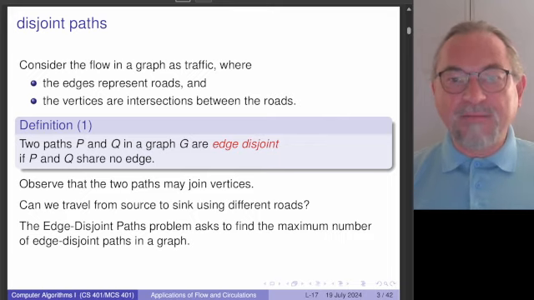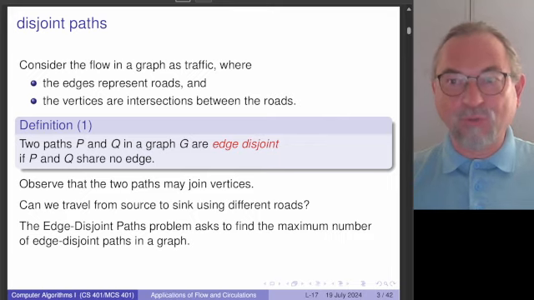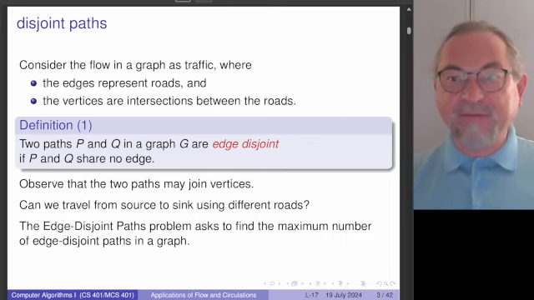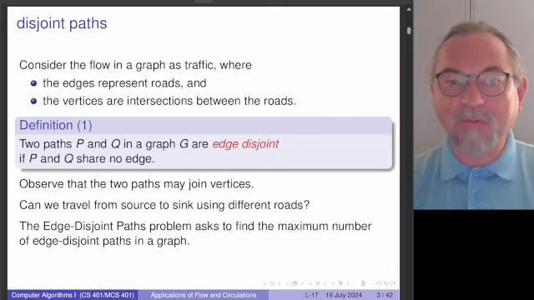We can consider any two intersection points in our road network and ask how many different disjoint ways there are to travel from one to the other. So that's the problem we consider.